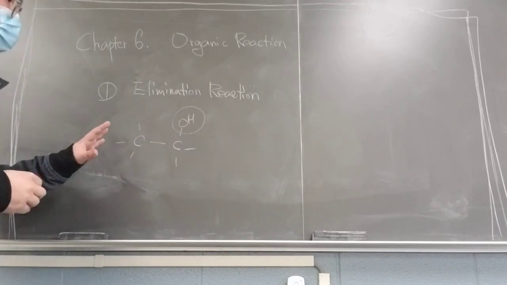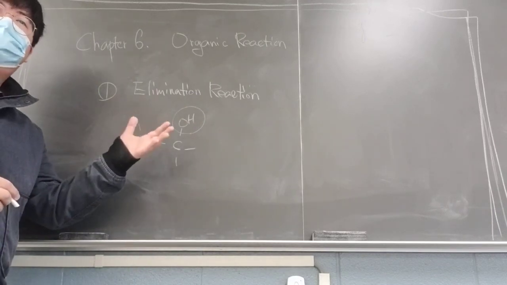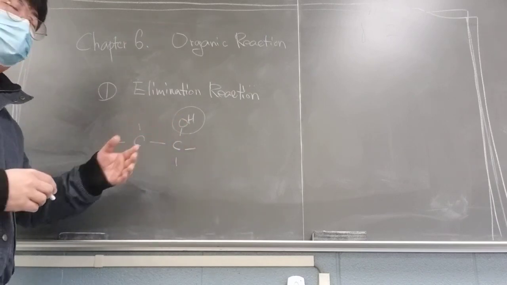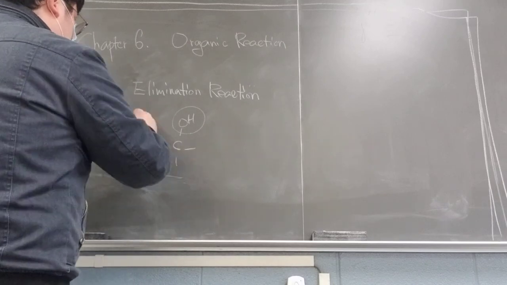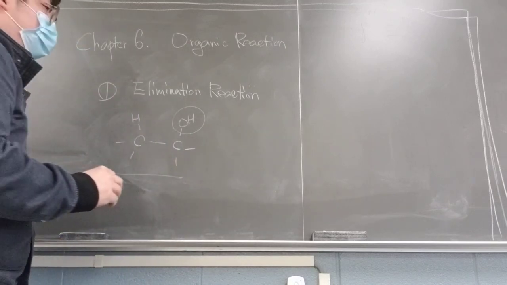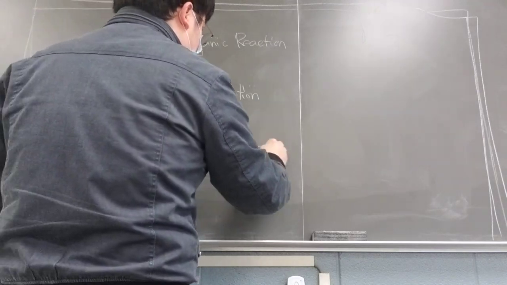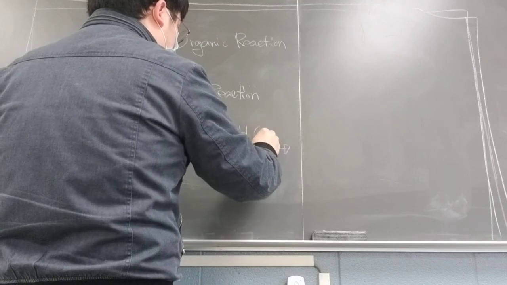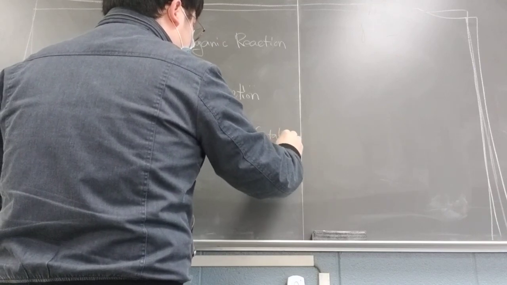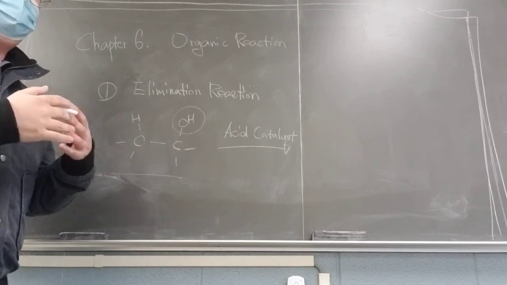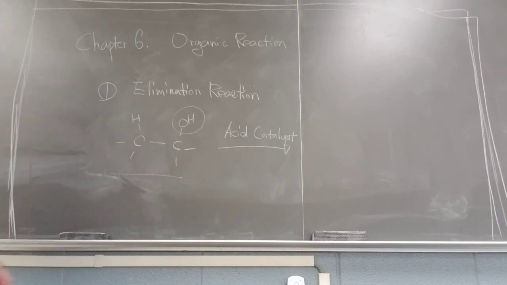A compound that has a hydroxy group, we normally call an alcohol. You guys know. And then if we have some neighboring hydrogen over here, whenever you use an acid catalyst, some acidic compound comes in and behaves like a catalyst for these reactions.